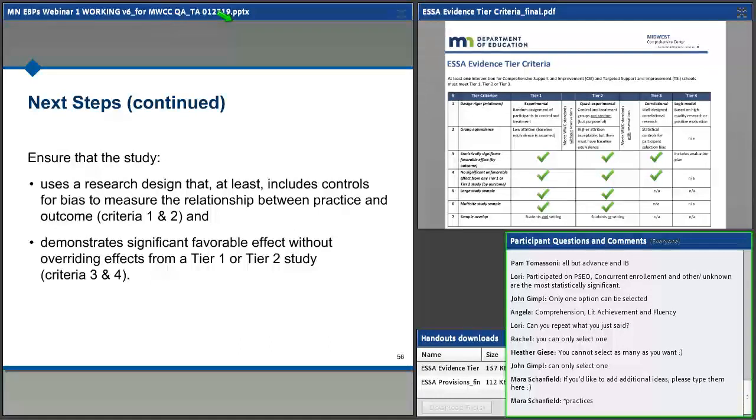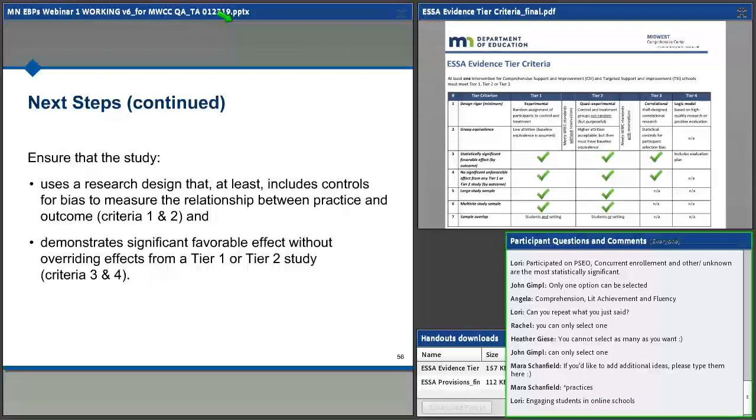There's 4 basic criteria you need to make sure are included. You need to make sure that the research design includes controls for bias and that it measures a relationship between a practice and outcome. That's it. Practice and outcome are a relatively low bar, and then we showed you 3 different look-fors around controls for bias.